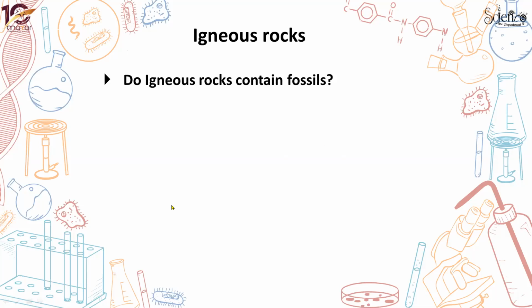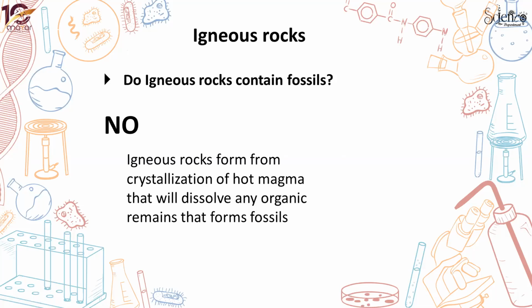So, no, igneous rocks don't contain fossils, but why? Any ideas, Mira? It's because of the high temperature and the pressure on it. Yes, thank you. We just said that igneous rocks are formed from magma, very, very hot magma.